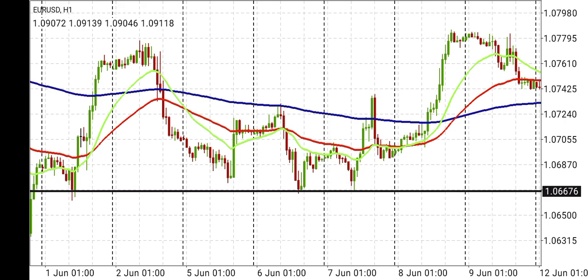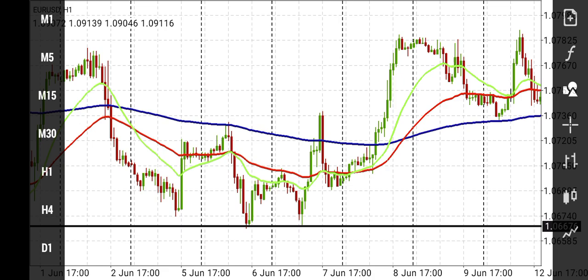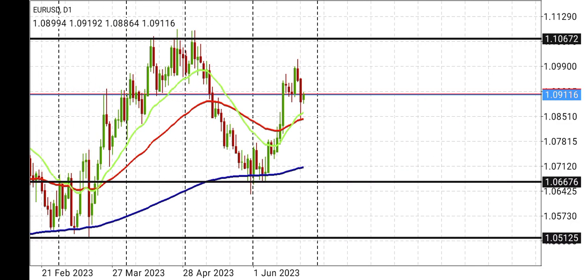Let's go back to the D1. Once you see a bullish candlestick on your D1 at that same level, as you can see here, my purple moving average is in the same place where my line was drawn.